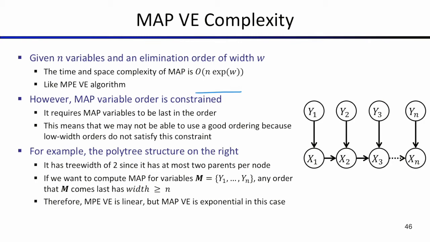Now with a map, we are constrained in the elimination orders. We need elimination orders that start with certain variables and end with other variables. So we cannot choose the variables freely as we did with the MPE. And that can be a problem in certain situations.